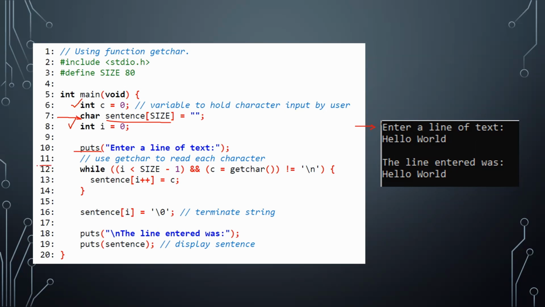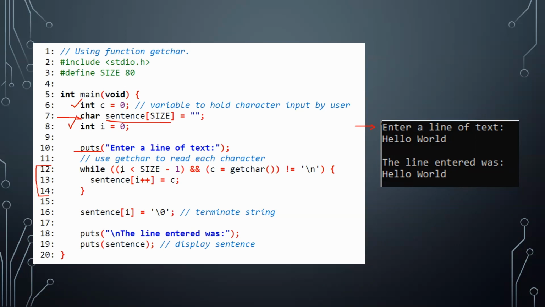Next, we're going to create a while loop from 12 to 14 here. And what that's going to do is read each individual character that the user is pressing on the keyboard and being entered in, and it's going to put that into the character array sentence.